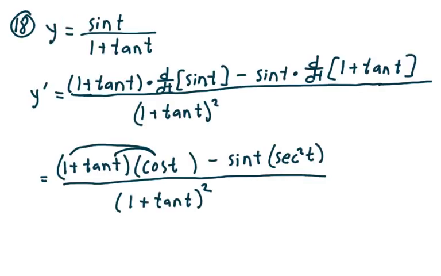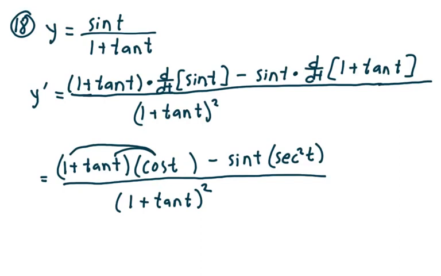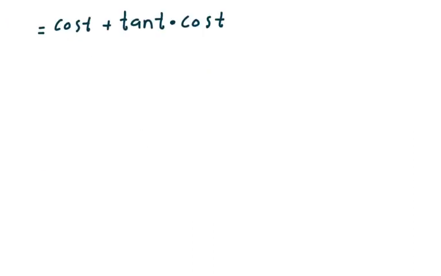And so we get cosine t plus tangent t cosine t, right? And then I'm going to subtract sine t times 1 over cosine squared t.